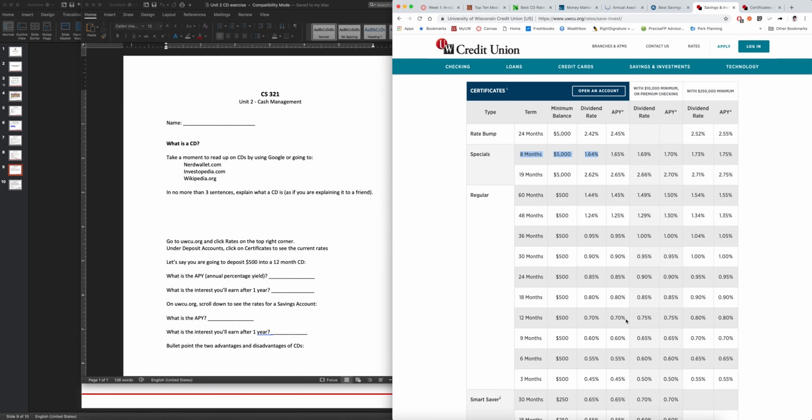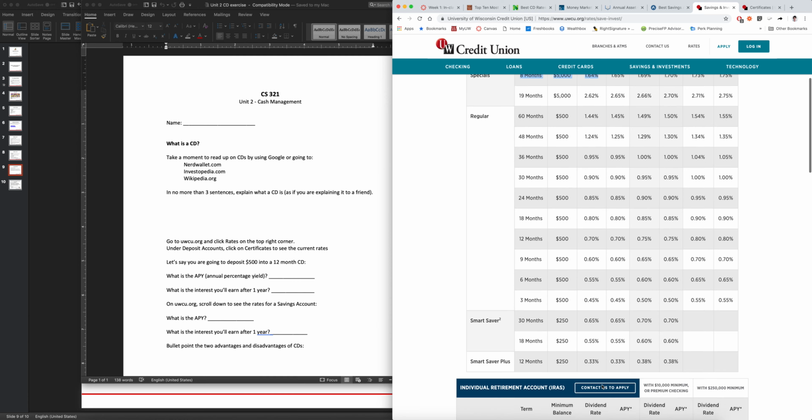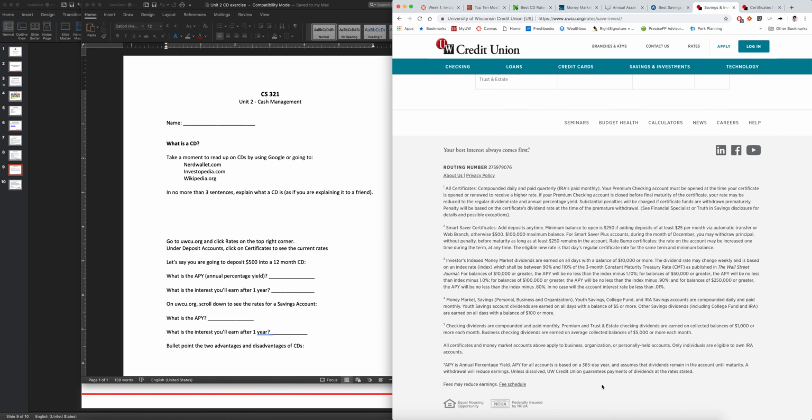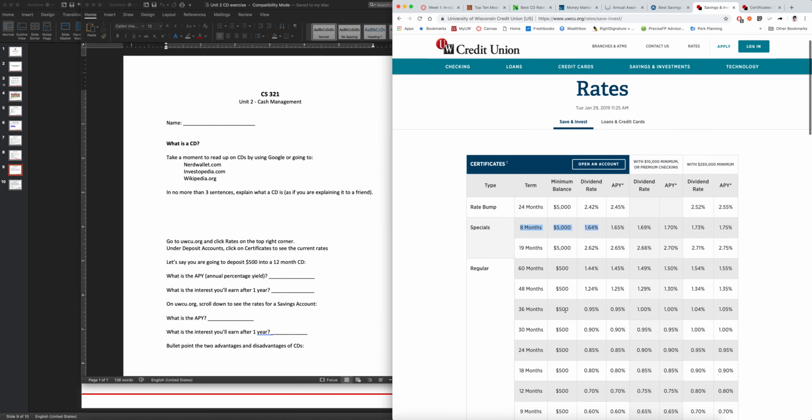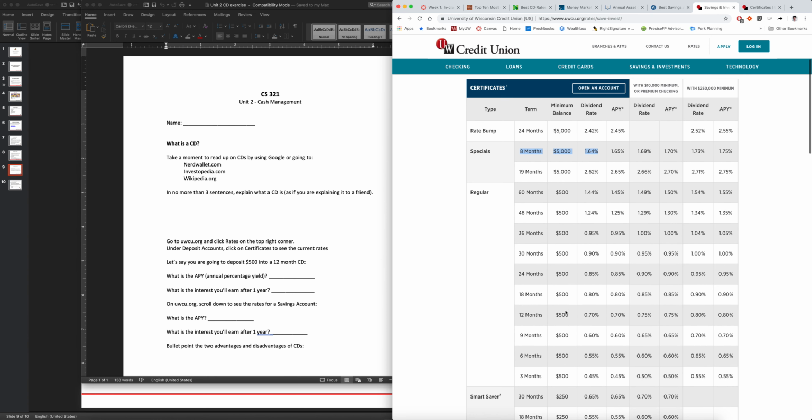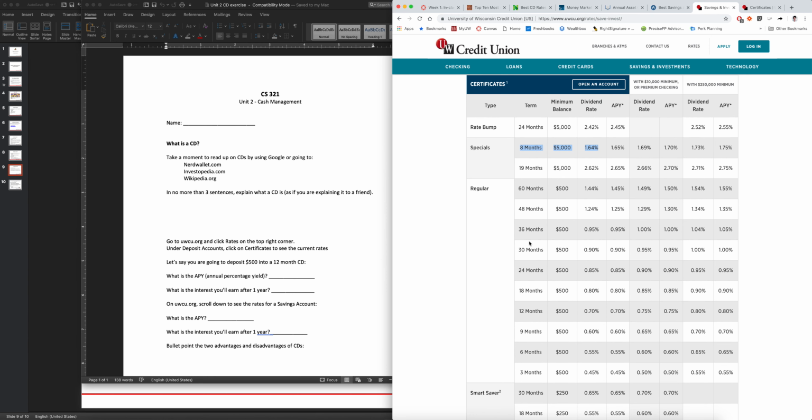And to figure out what the annual interest rate is, you're going to take the $500 and multiply it times 0.7%. Based on what I just read down here, I'd want to make sure that was true. Compounded daily, paid quarterly. That's what the APY refers to. That's how, given the interest rate that's being paid on this CD, you are going to get an effective rate of 0.7% after the first 12-month period.